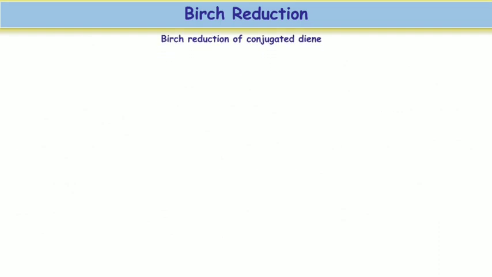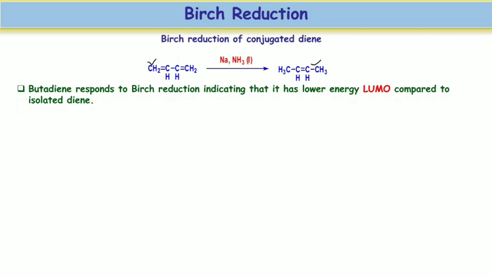Now I will discuss the Birch reduction of conjugated diene. So when we have butadiene as a substrate, it will undergo Birch reduction to give 2-butene as a product. So interestingly, butadiene is responding to Birch reduction. So butadiene must have a low-lying pi star orbital for accepting an electron compared to the pi star LUMO of ethylene.